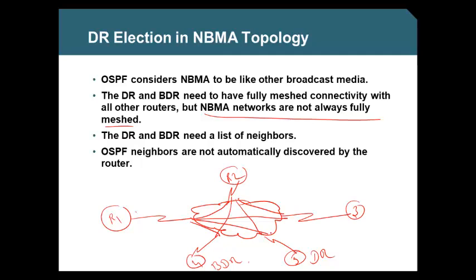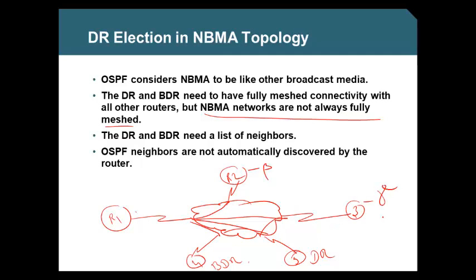If I want to talk from gamma to beta, instead of having one direct connection, to save money we go to the hub, and from the hub we go to beta.